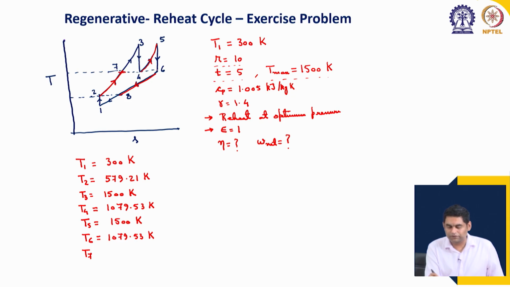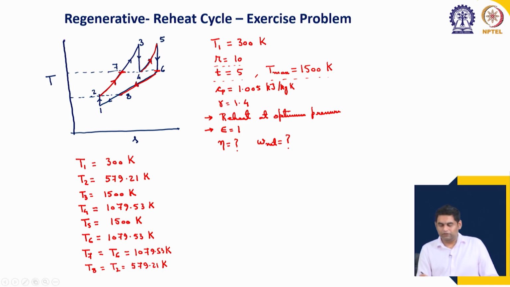Because this is an ideal regenerator, T 7 equal to T 4 equal to T 6, which is 1079.53 Kelvin, you can note down, and T 8 is equal to T 2, which also we know, this is equal to 579.21 Kelvin. Let us write this down also, because we have written all the other values.